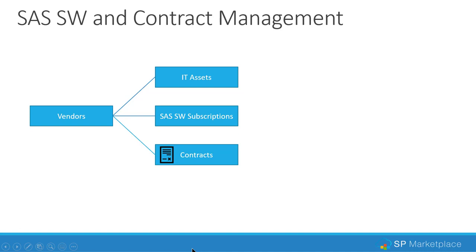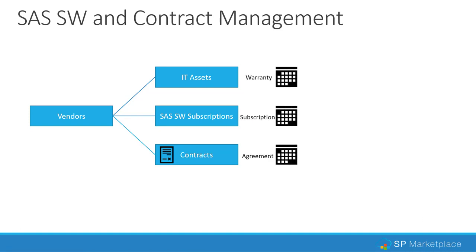Now, each of these also has specific fields for things that might expire: warranties in relation to assets, subscriptions in relation to the software or SaaS service type things, and contracts, which you may have with service vendors, with hardware vendors, and so on.